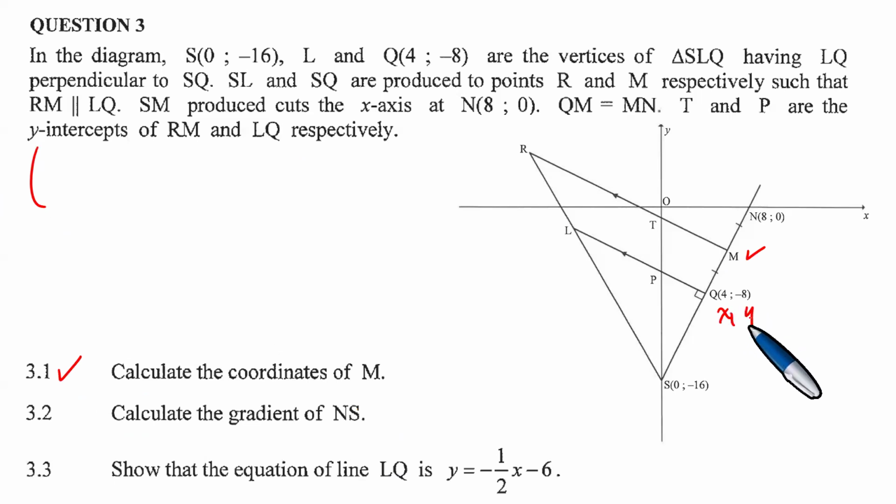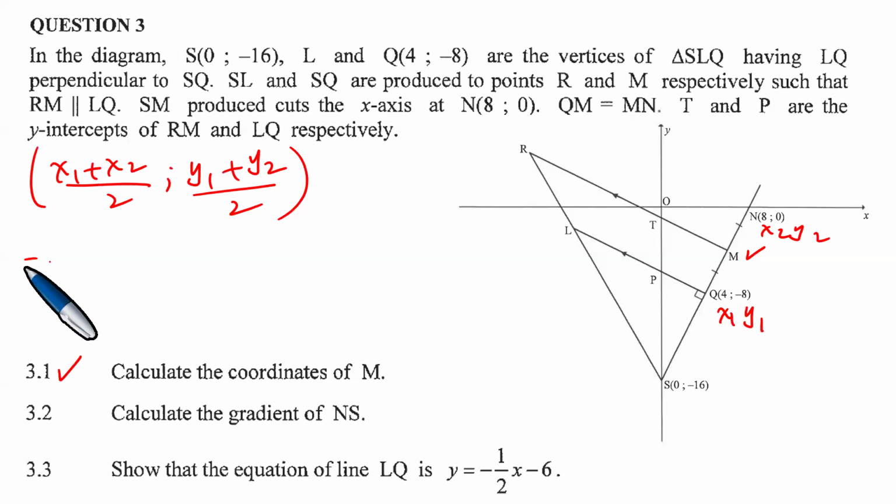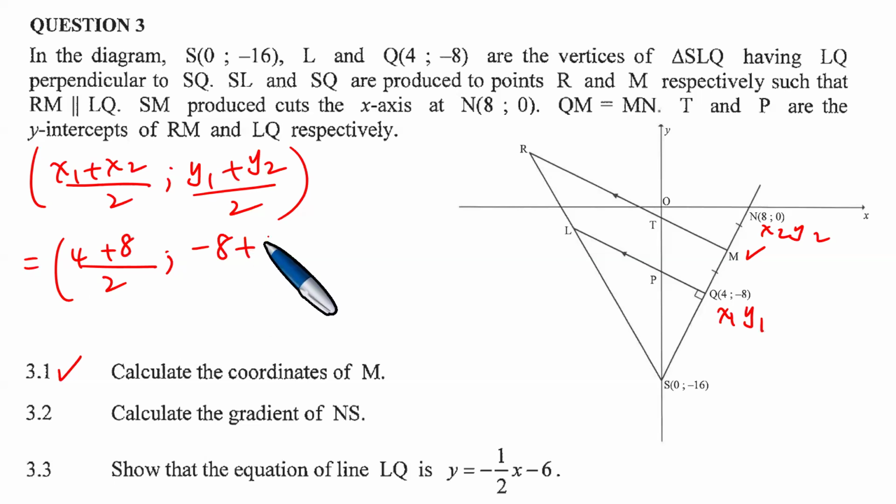We say x1, y1, and then x2, y2. The midpoint is (x1 plus x2) out of 2, (y1 plus y2) out of 2. What is x1? It is 4, x2 is 8, out of 2. y1 is minus 8, and y2 is 0, out of 2.